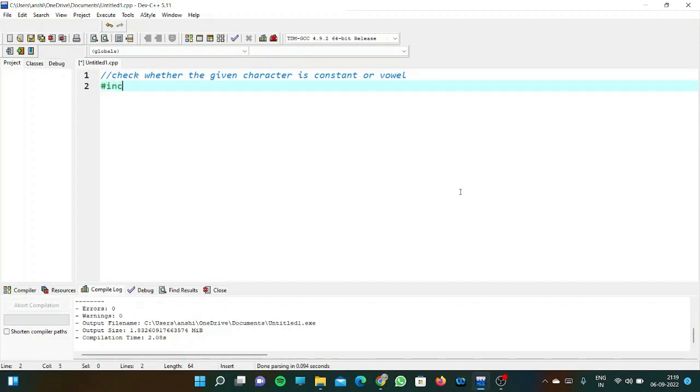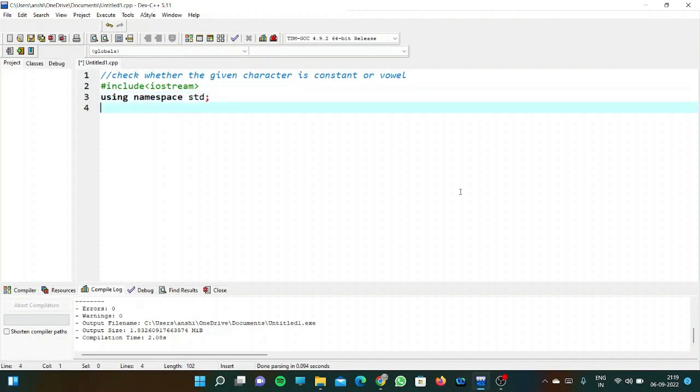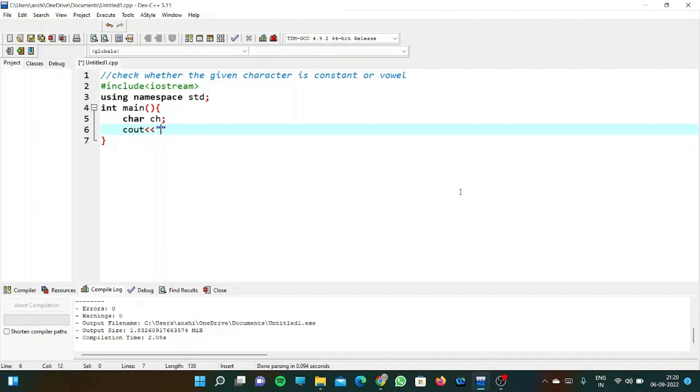Okay, so hashtag include iostream, using namespace std, int main. Sorry, we are checking for a character, so it will be a char ch. Now we'll ask the user to input the character.